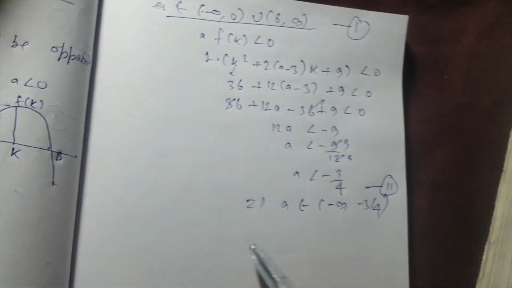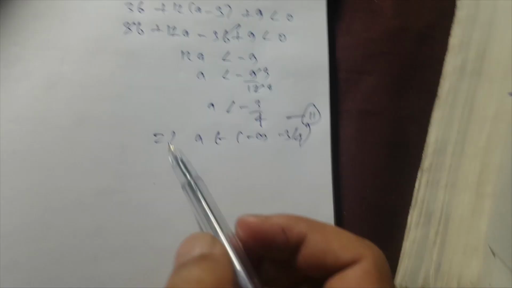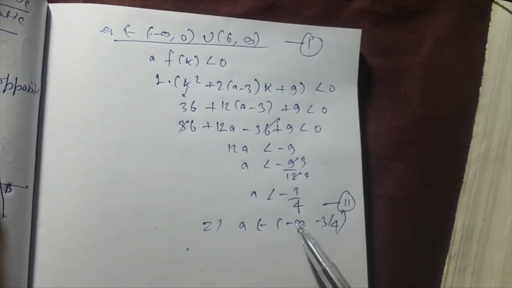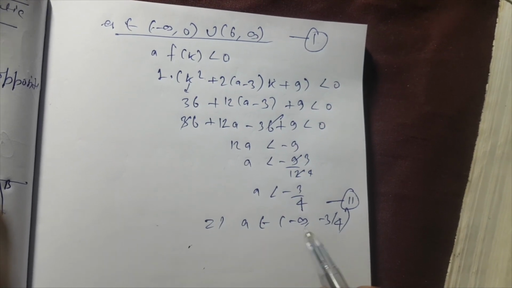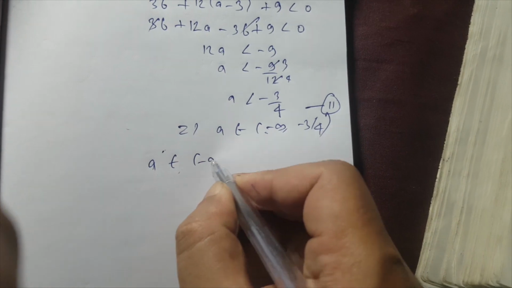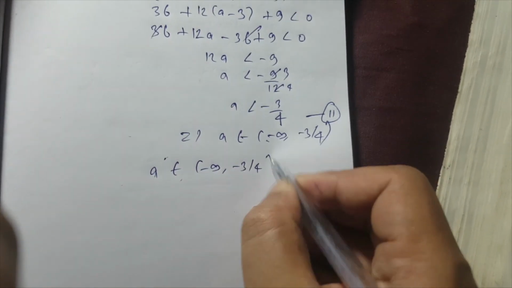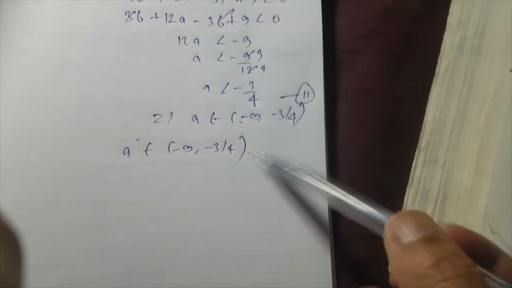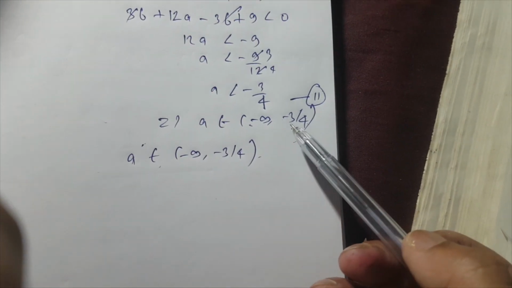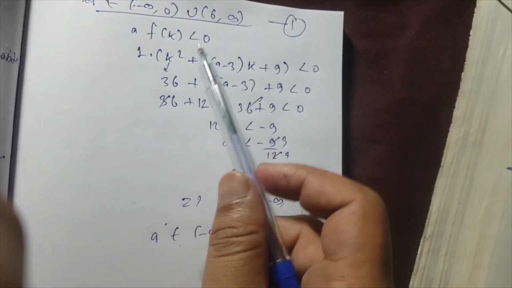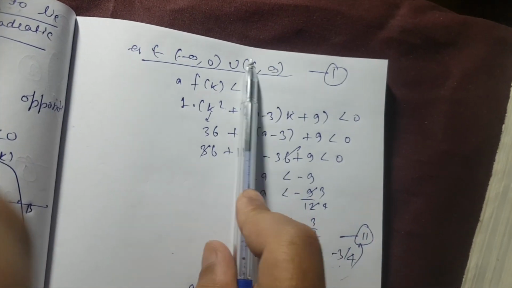So from first and second, if we combine the first and second inequalities, a will belong to minus infinity to minus 3 by 4. We take this one, because the answer is negative, so we will not take the other part.